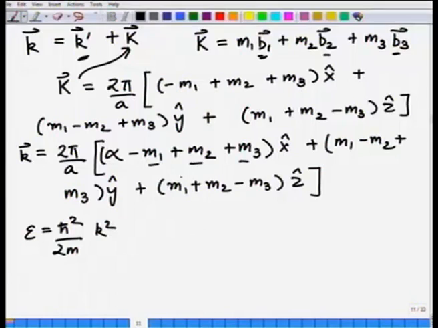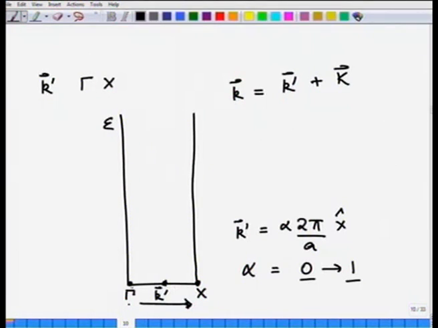So I calculate the energy for different values of m1, m2, m3, and remember alpha only varies from 0 to 1. That means I will always be confined within the first Brillouin zone in the direction of gamma to X point. As long as I am confined between these two points, that is where I am going to plot. I take a k prime value defined by alpha.